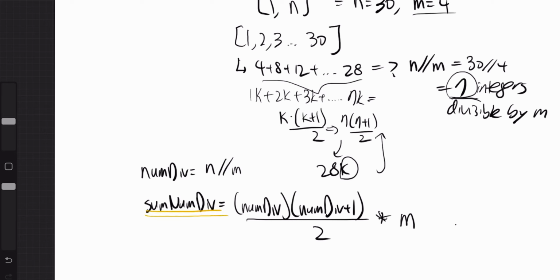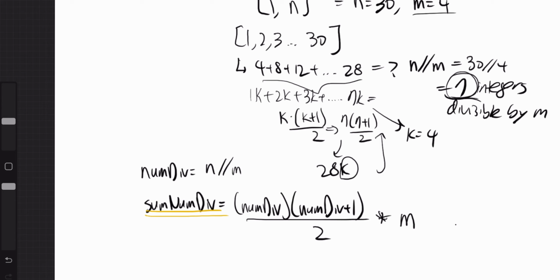You may ask, why are we multiplying by m? Well, remember that num_div is how many integers are divisible by m. We got that as 7, and we use that 7 to get 1k, 2k, 3k, where k is equal to 4, because 2 times 4 is 8, 3 times 4 is 12, right?